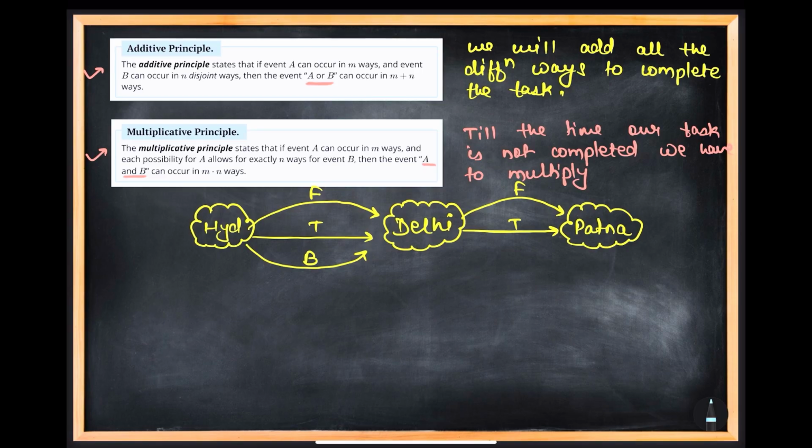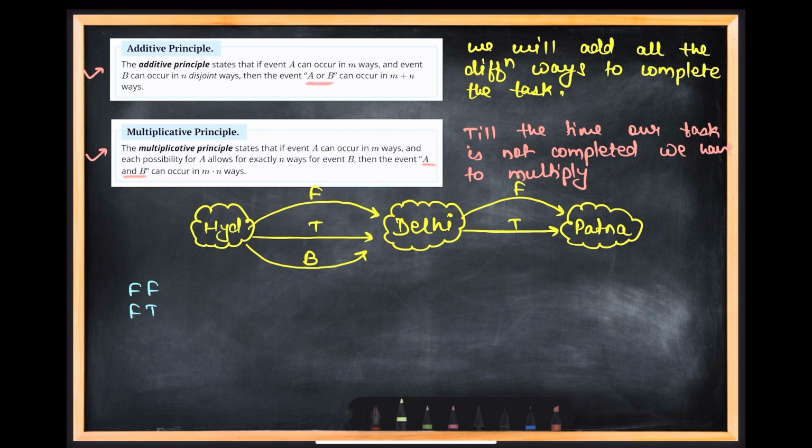First, I will solve this question by using the principle of addition. I will add all the different ways of completing the task. Can I go from Hyderabad to Delhi via flight, and then from Delhi to Patna via flight? This is one way. Flight, train is another.